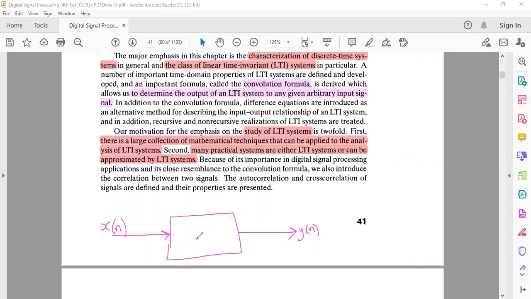For example, if this was h[n], and then you would get y[n], it means that your y[n] in this case is equal to a multiple of x[n] and h[n]. When you multiply x[n] and h[n], you get your output y[n]. This is the equation that defines your system.